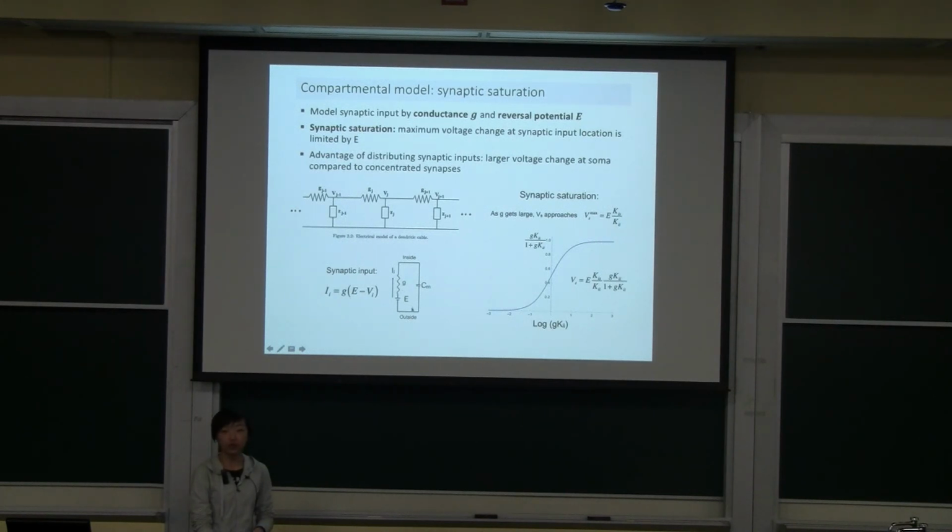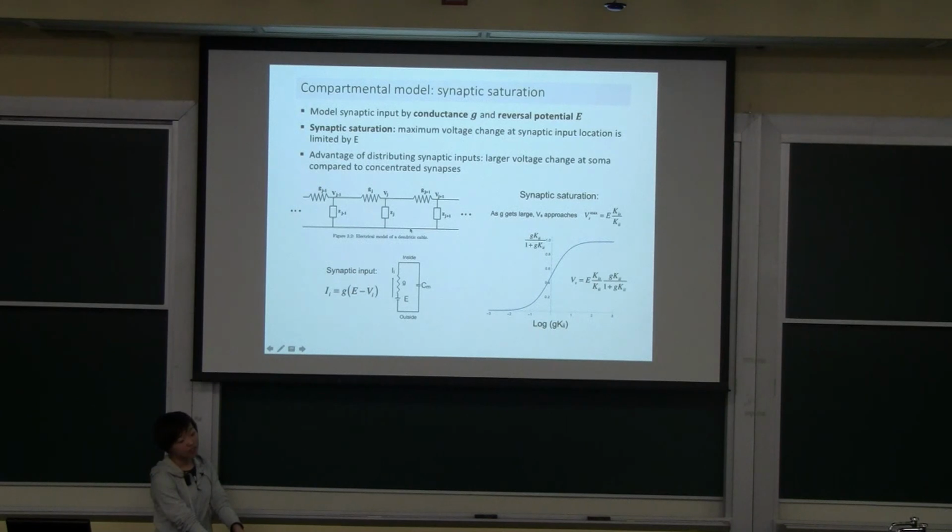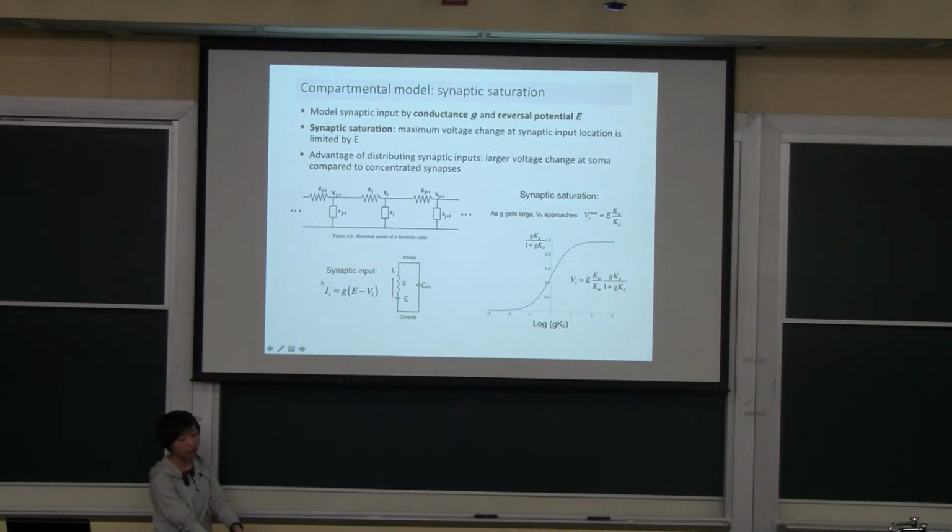This battery refers to the reversal potential of that synapse. So if you have an extra synapse input here, then it's basically just inserting this part of the circuit into this part.